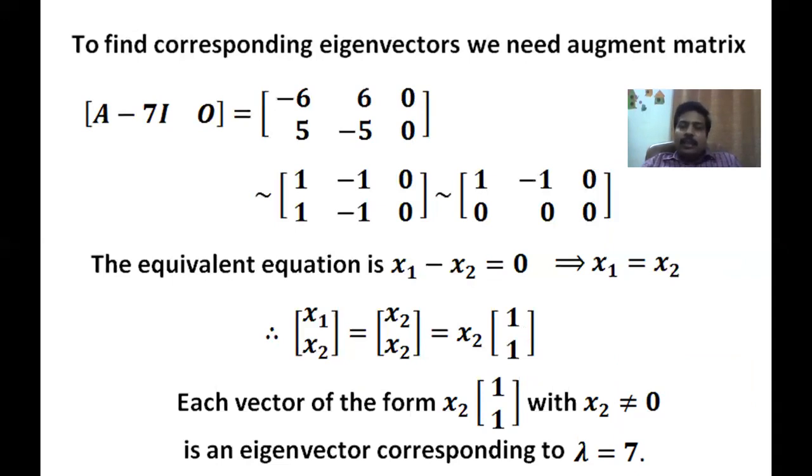The vectors other than zero vectors which satisfy the equation Ax is equal to lambda x are the eigenvectors. So the only condition is that x2 is not equal to 0. You can take any scalar. So any non-zero scalar multiple of (1, 1) is an eigenvector corresponding to lambda is equal to 7.